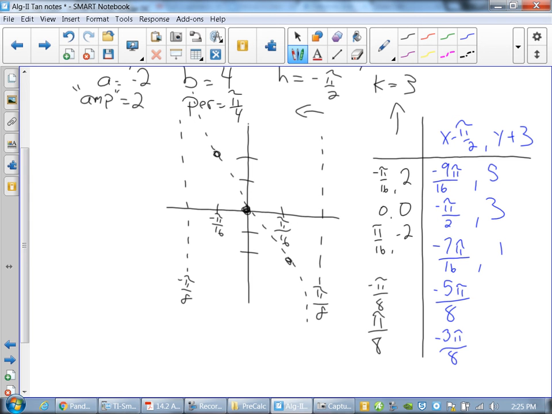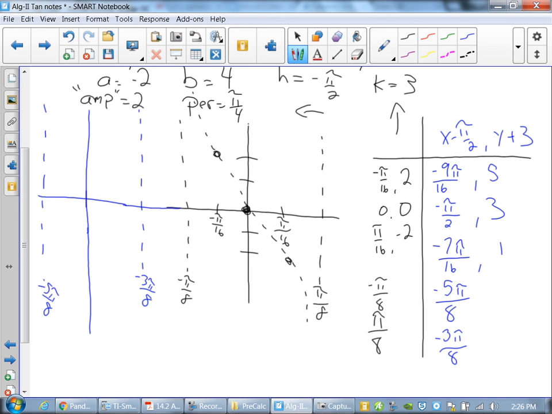So now we know that the furthest right our graph is going to be is at negative 3 pi over 8. Everybody okay with that? Negative 3 pi over 8 is still further to the left of pi over 8. So all I have to do is just place it. The other asymptote is going to be at negative 5 pi over 8. I've got a 0 spot, which is where it's going to go through.